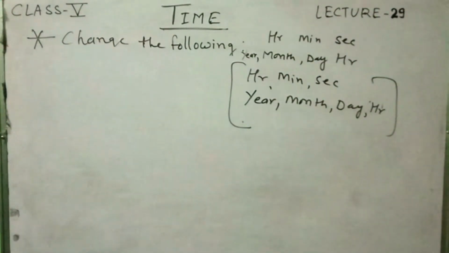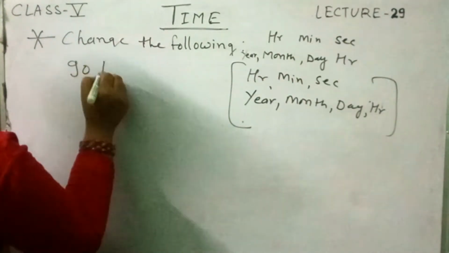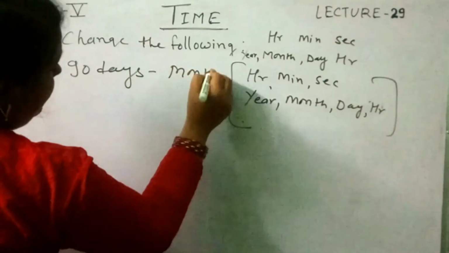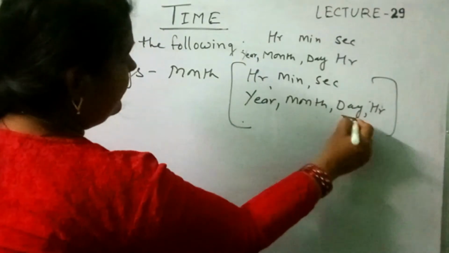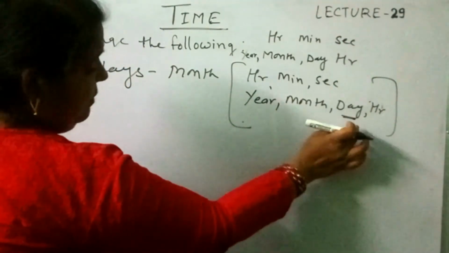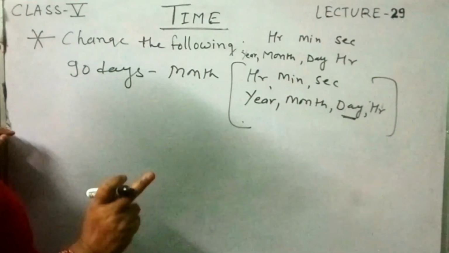Now what I told you, change how many months will there be in 90 days. 90 days and you have to change it into month. See here, days are given 90 and you have to convert it into month, means from lower to higher. That means you have to divide.